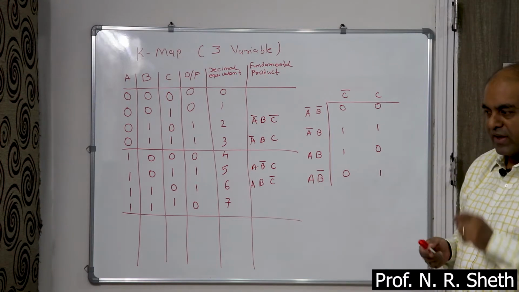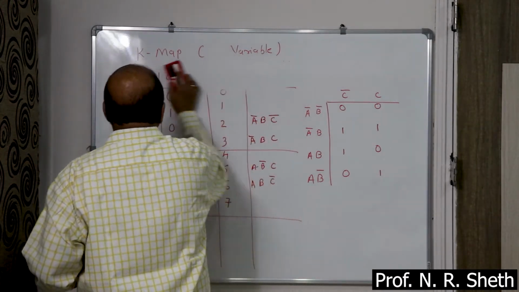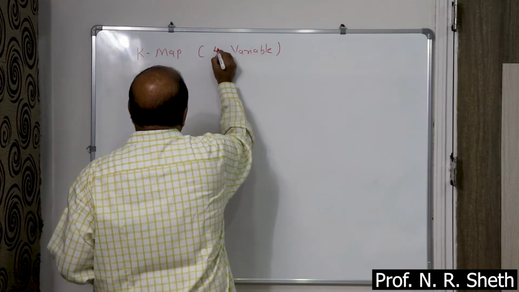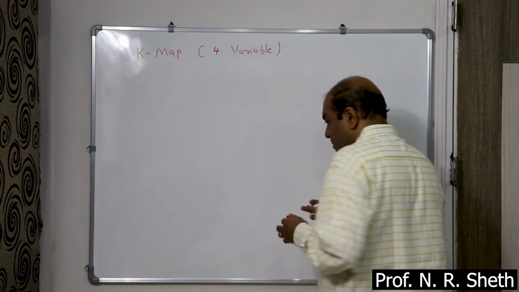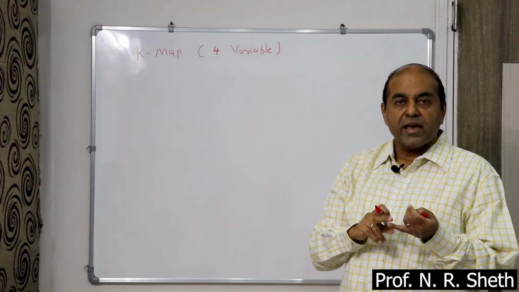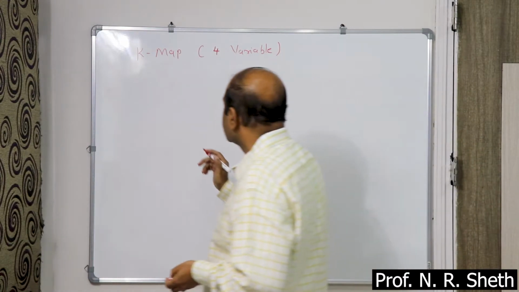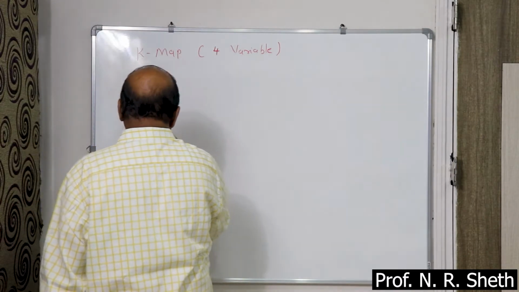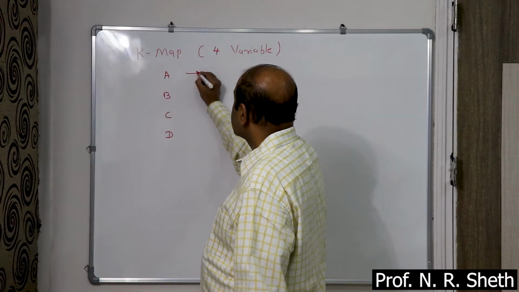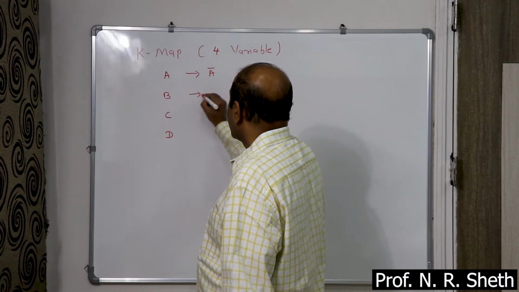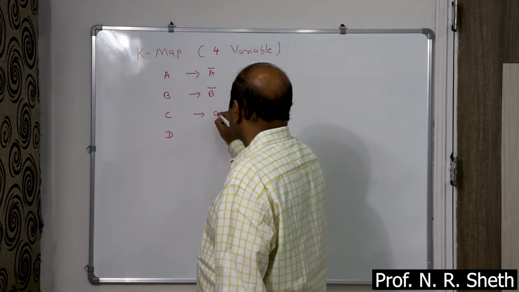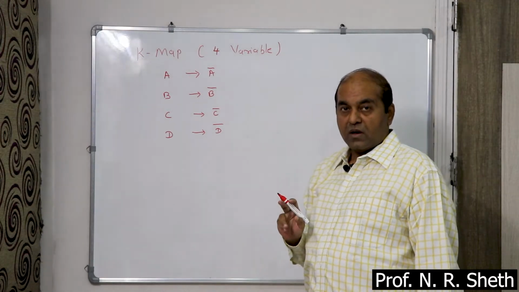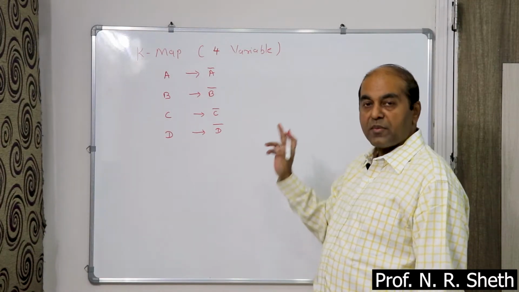Next, 4 variable. Four variables are A, B, C and D, and their complements: A bar, B bar, C bar and D bar.